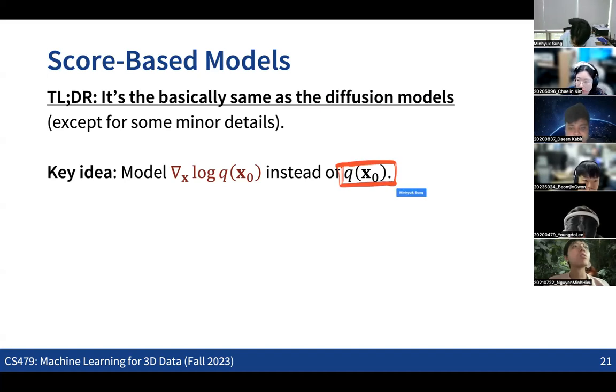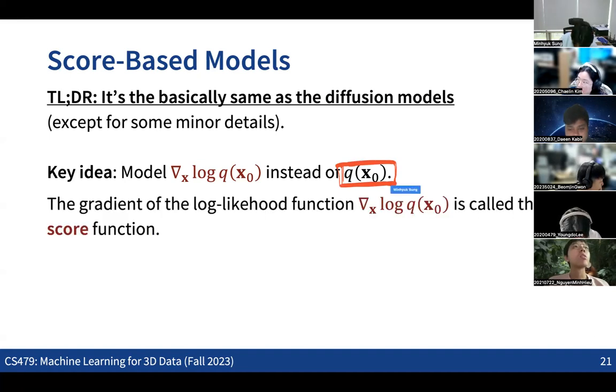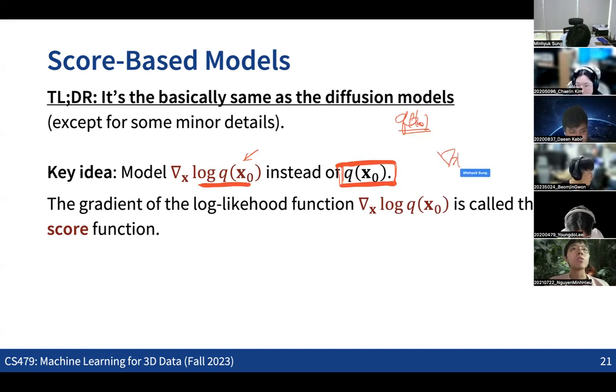But in this score-based model, the goal is that we are not going to directly model the data distribution, but we want to model the gradient of the log likelihood for each data point. So instead of getting the information of q(x0), we just want to get the information of the gradient of log q(x0).